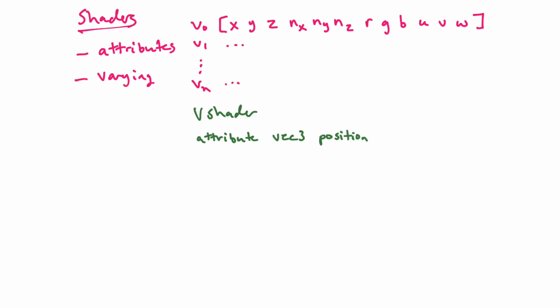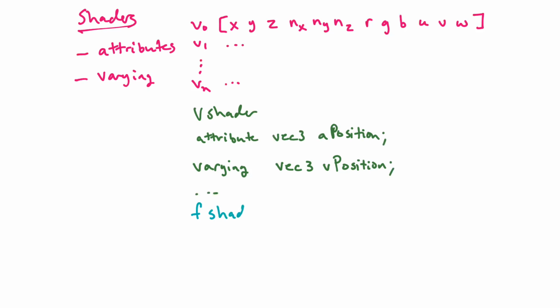And sometimes what I like to do is use a prefix, and I'll call it A position, so I know that this is an attribute. And then we might have a varying, and I'll call that V position. So then when we get to the fragment shader, we have to copy these exactly. So we'll have varying vec3 V position.